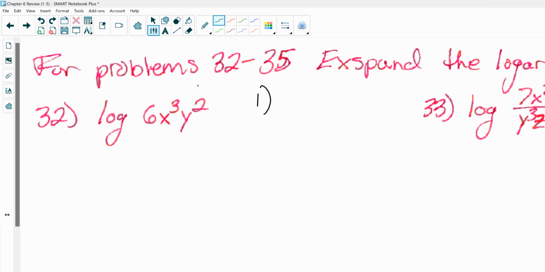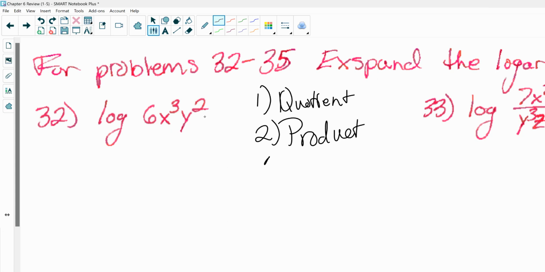Expand. Quotient. Product. Power. The properties we're going to go through. Whenever we expand, the first one we use is quotient, second one's product, third one is power.